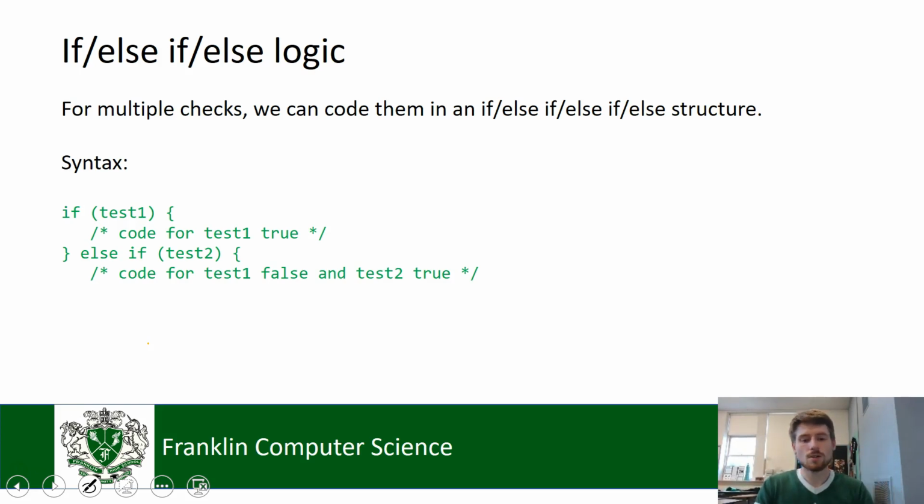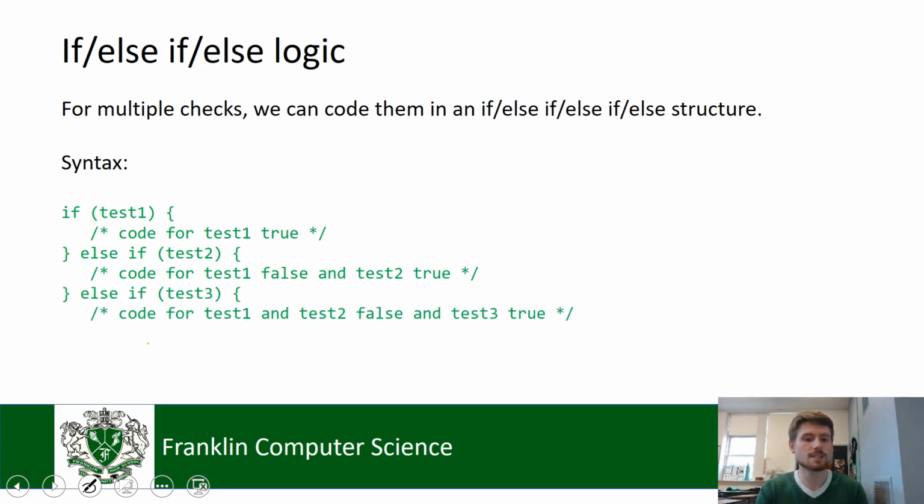One thing to note is that you're not going to get to the second check unless the first test failed. So test 1 has to be false and test 2 has to be true here. Else if you have another test, and both the first two tests failed and the third one passed, that's when you're going to run that code, etc.